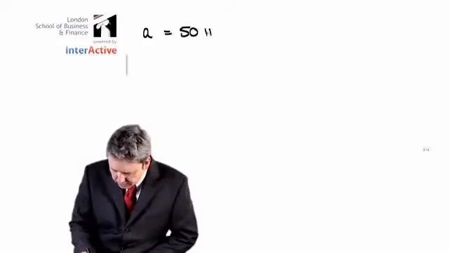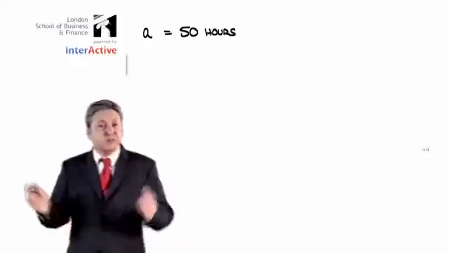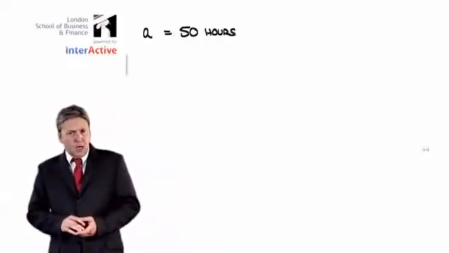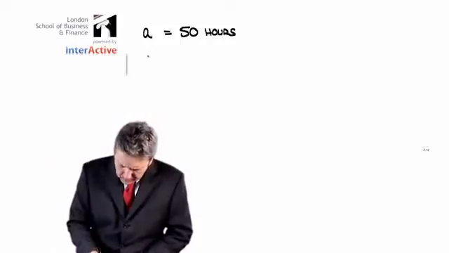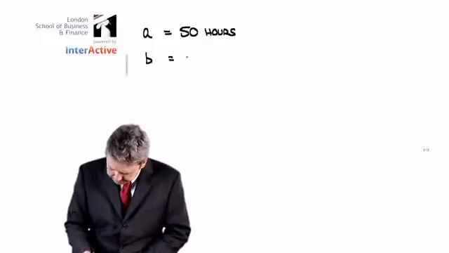Okay, what I want to do now is to just play with numbers for a couple of minutes to make sure that we're absolutely confident with what we're doing. So let's just make up some numbers. If I say to you that A equals 50 hours, so that's the time taken for the first unit. And I've got a learning curve rate of 90%.